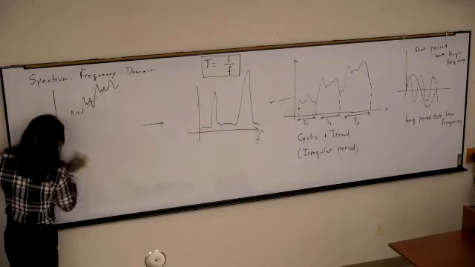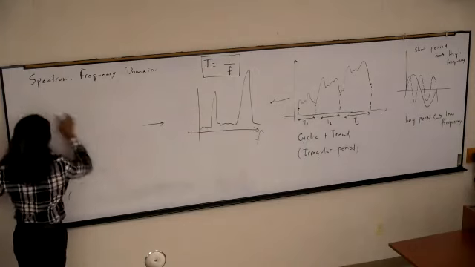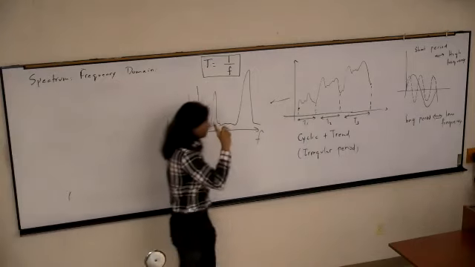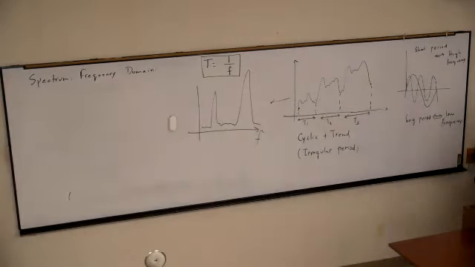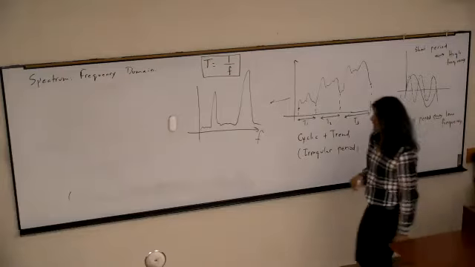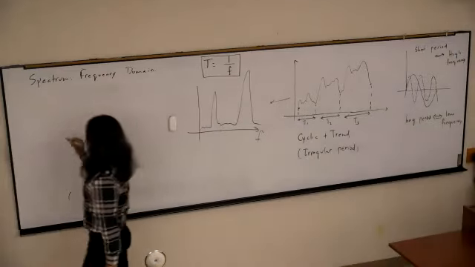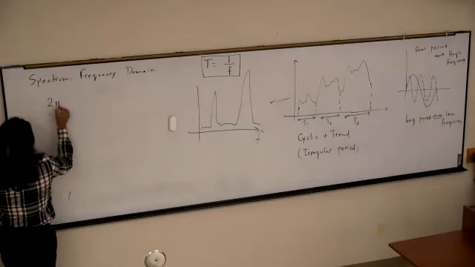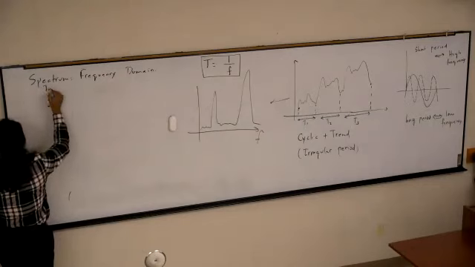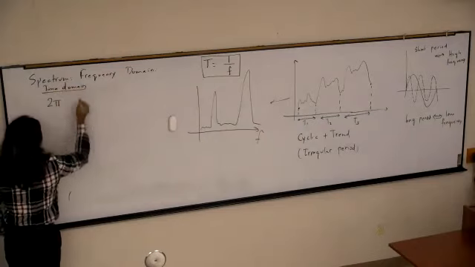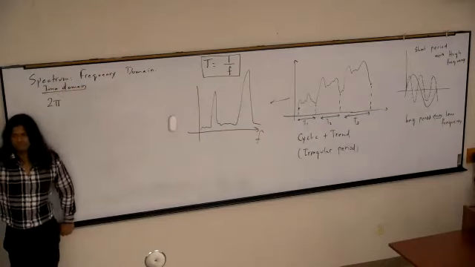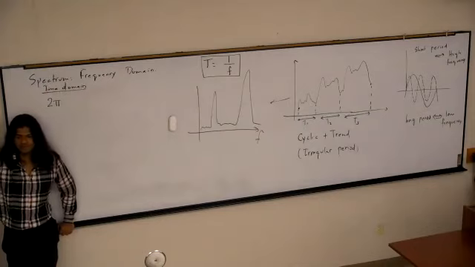So in the time domain, if you have sines and cosines, what is one full period of a sine? 2 pi. One full circle.